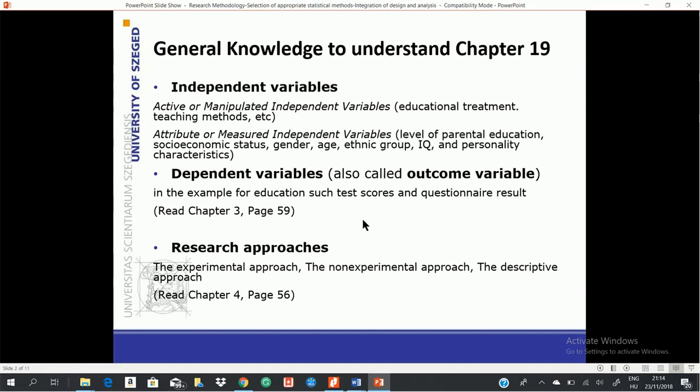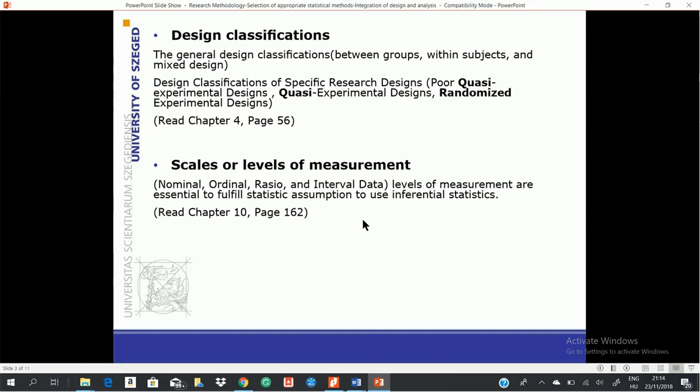Okay, next slide. It's design classification. The general design classification consists of between group, within subject, and mixed design. The specific design classification consists of three: quasi-experimental design, non-experimental design, and randomized experimental design.